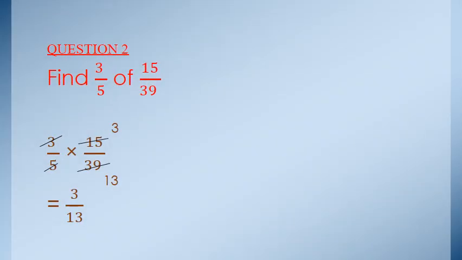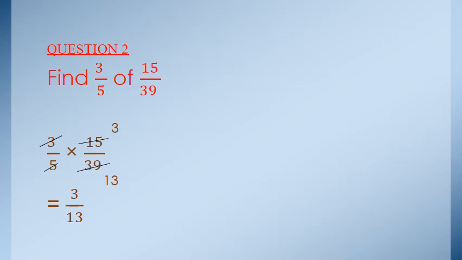Now the second question, find 3 by 5 of 15 upon 39. Now here both the terms are fractions. Means multiplying two fractions. Now 3 upon 5 will be written as it is.